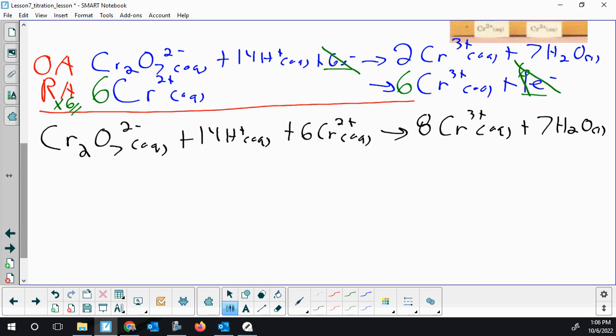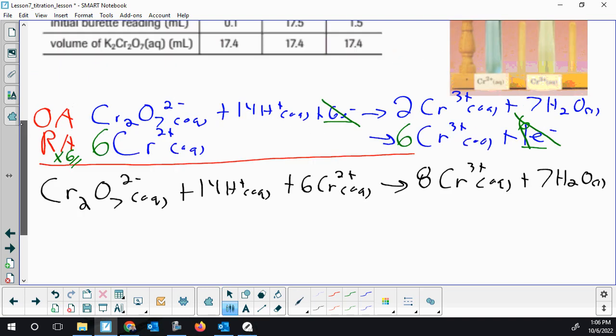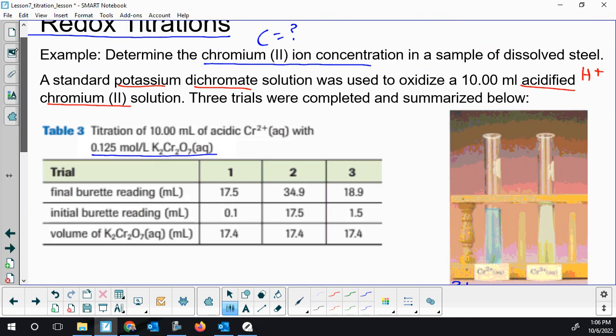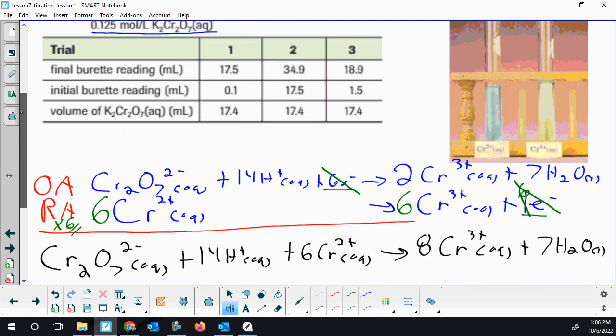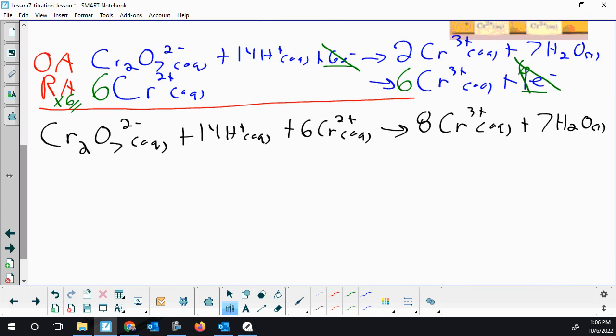Okay. So we've got an equation, so now we can go back up, read the question, and organize our information. So I'm going to do a bit of scrolling up and down. I'm going to find questions and numbers. Determine the chromium 2 concentration. So that's our goal.